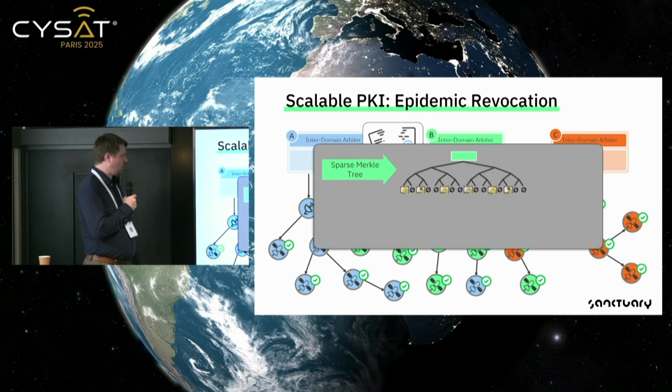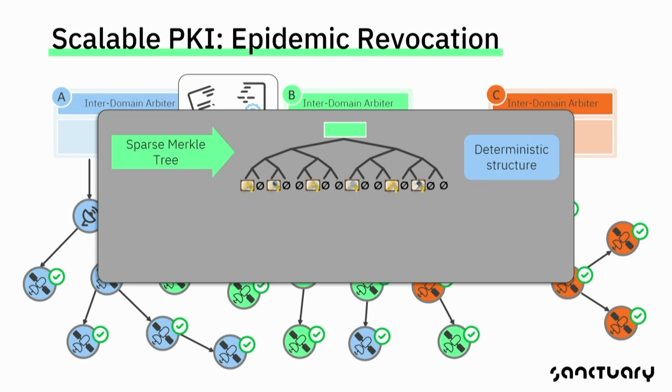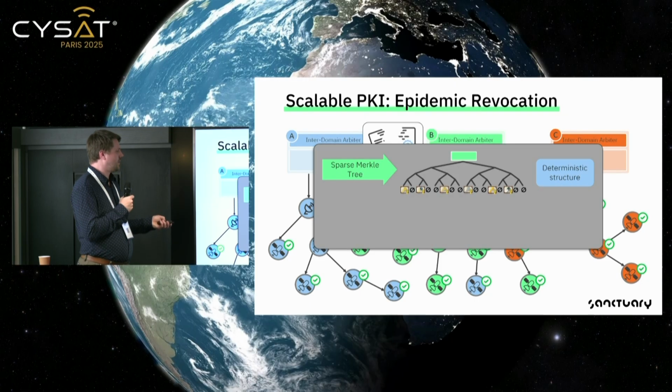Looking quickly at how this is achieved with the information encoding and how it can be so compact. The idea is to have a structure called a sparse Merkle tree, which includes basically all certificates. And here you don't actually encode the revocation, but the absence of revocation, and you can compress it down to one hash value, so only a few bytes.